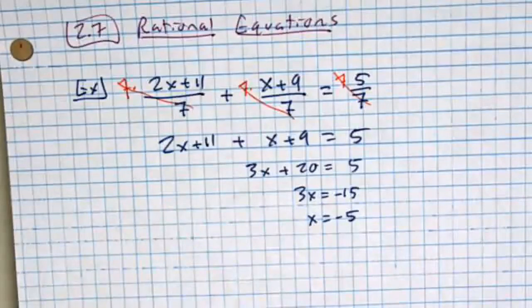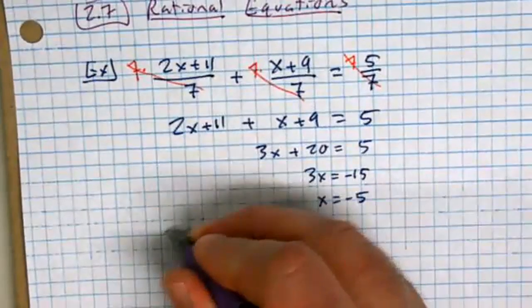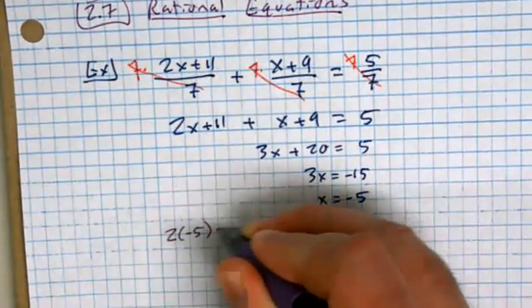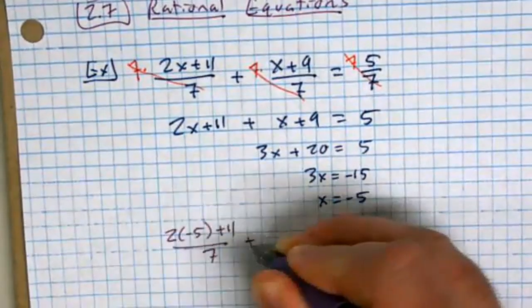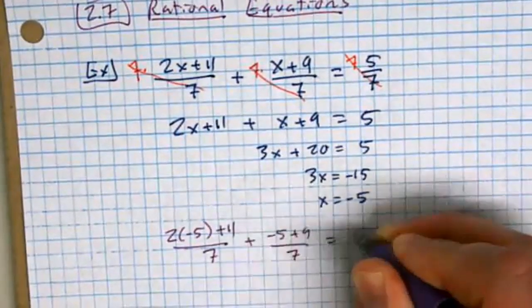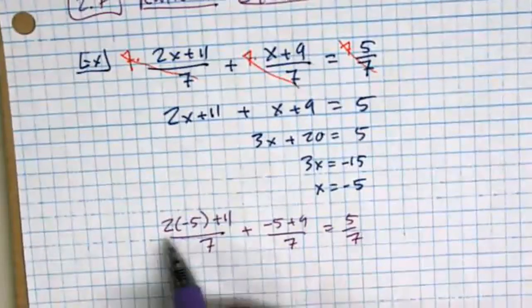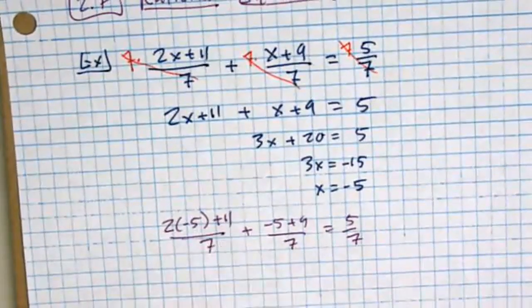Back in, yeah. So if I ask you to verify this numerically, I would want to see the work that says 2 times -5 plus 11 over 7 plus -5 plus 9 over 7 equals 5 over 7. And do a little bit of work on that and make sure that it ends up coming out to be true. That's -10 plus 11.